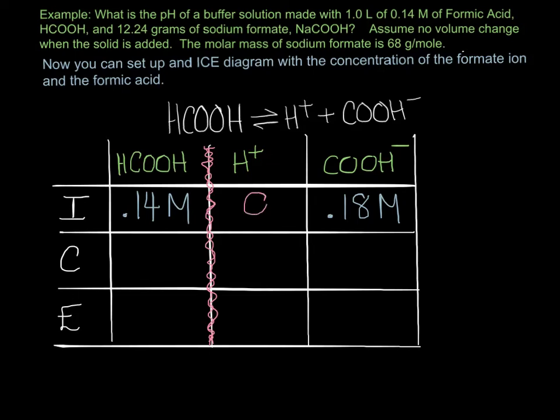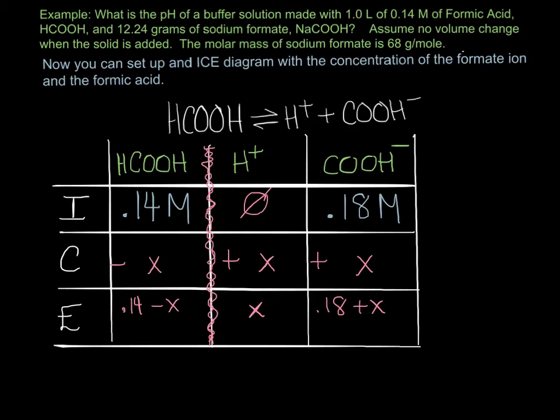We can assume that we are starting with 0 of the hydrogen. And so because we know that that's 0, we know that the products have to increase and the reactants have to decrease. And we don't know how much, so it's going to be X, and our ratio is 1:1:1. So that makes that nice and easy. So I'm going to fill this in: 0.14 minus X, X, and 0.18 plus X.